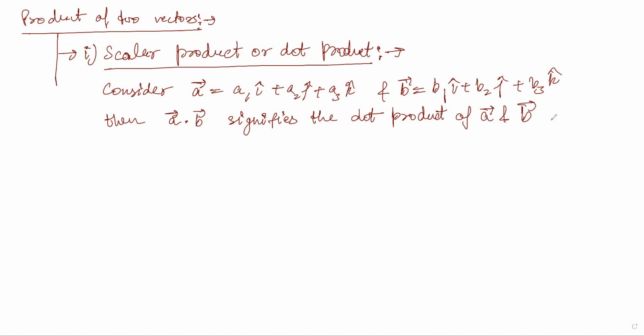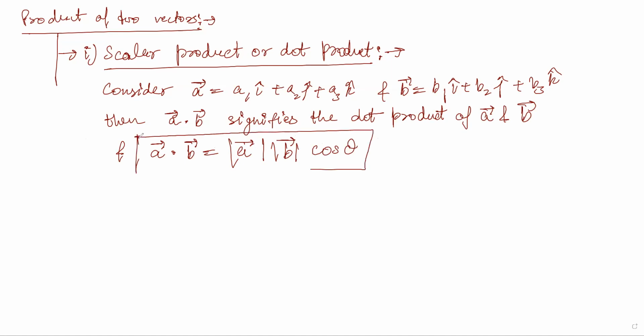A dot B is the dot product of A and B, and its value can either be written as mod of A into mod of B into cos theta. So just remember this.